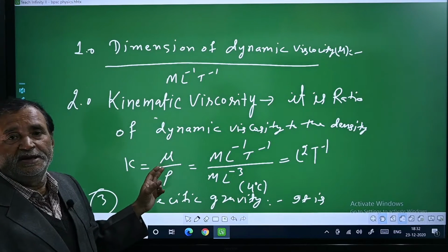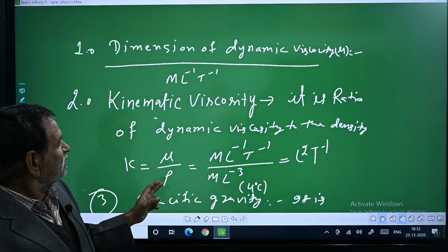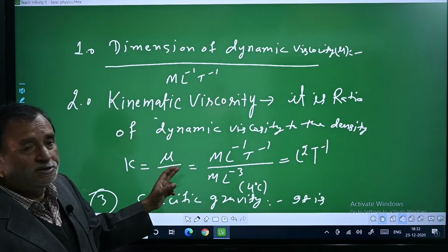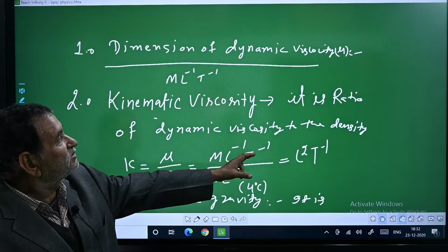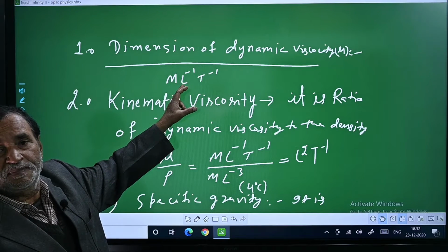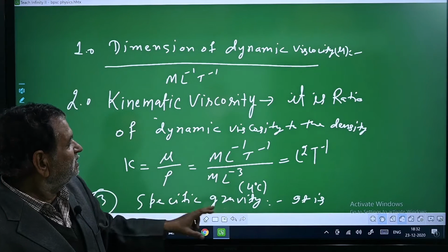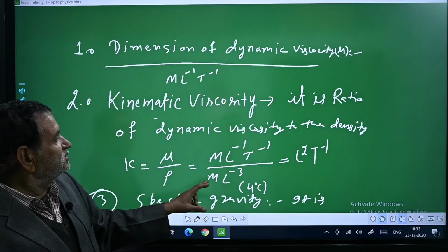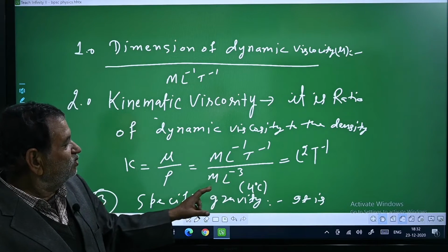Kinematic viscosity is mu divided by rho. Mu is the dynamic viscosity and its dimension is M L^-1 T^-1, and rho is the density, with dimension M L^-3.